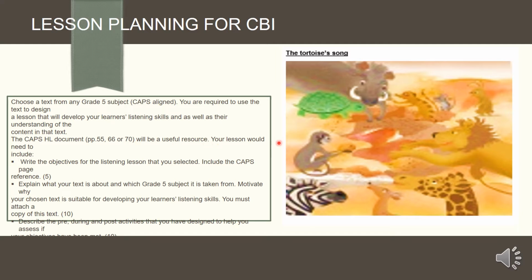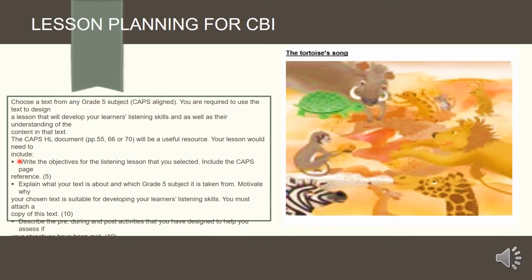Your lesson would need to include, wait, before we get to that, the text that I chose is a grade 5 home language English, a Fable Story as a text, just to let you know.